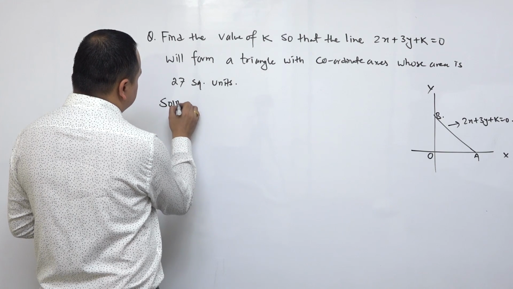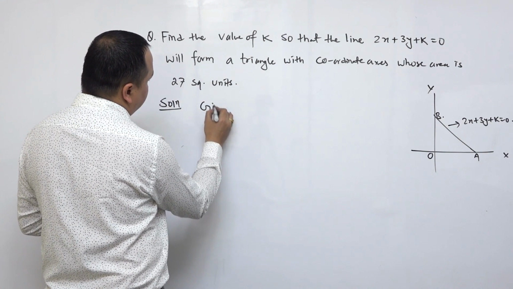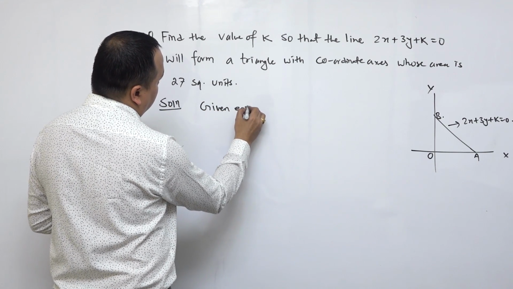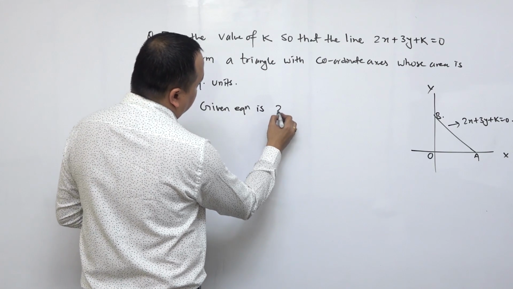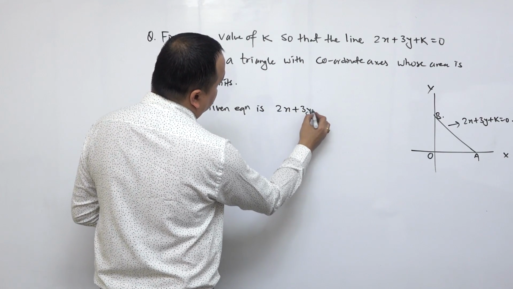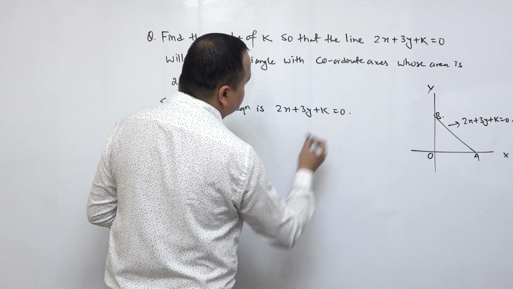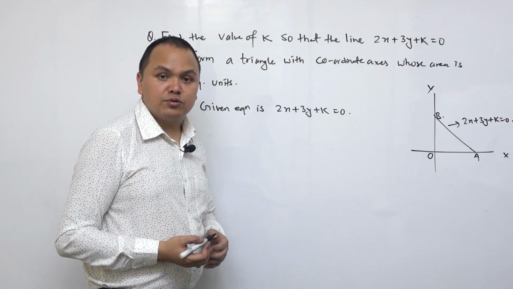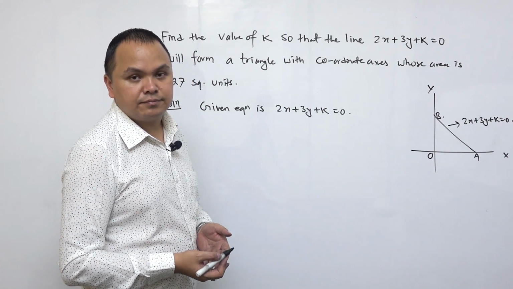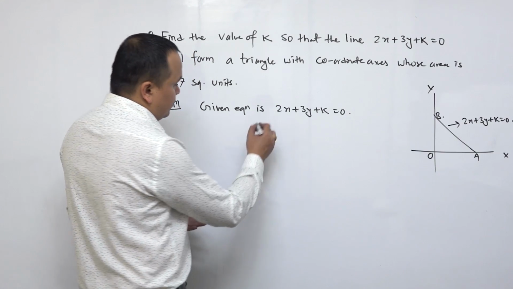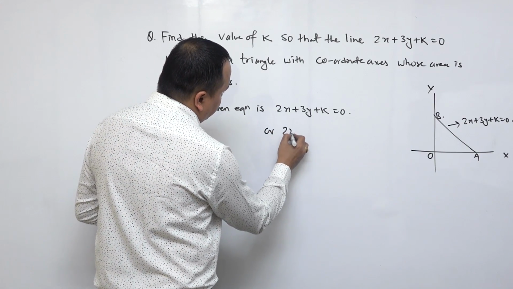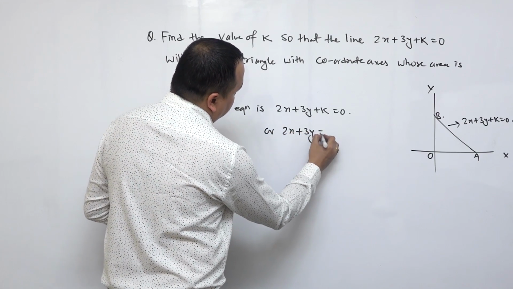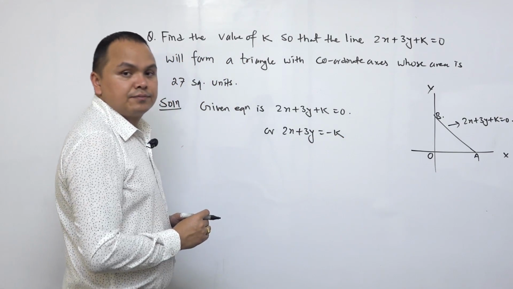Solution. Given equation is 2x plus 3y plus k is equal to 0. Now, changing the given equation into double intercept form, 2x plus 3y is equal to minus k.